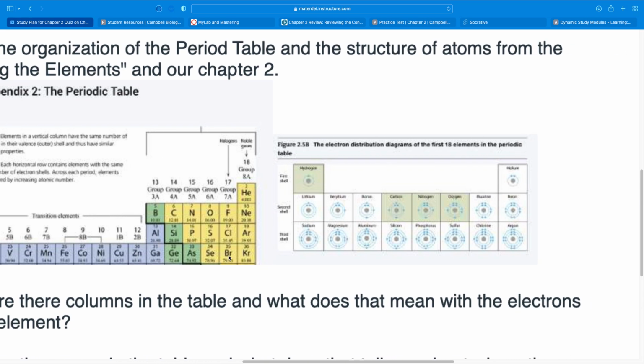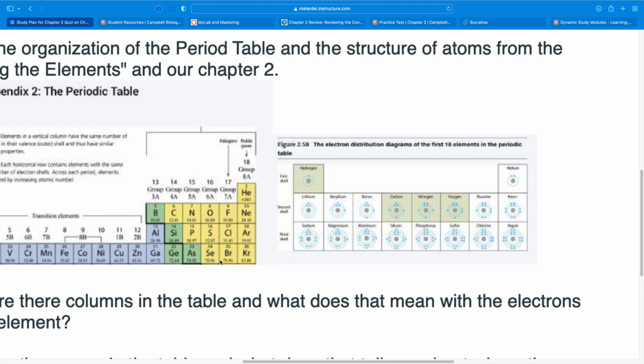And this periodic table shows it. It's a little fuzzy and dim, but there it is. 1 electron, 2 electrons in its valence shell, 3 electrons, and this is all full. Back to what do the rows mean? How many circles do you see around the first row of the nucleus? 1, right?